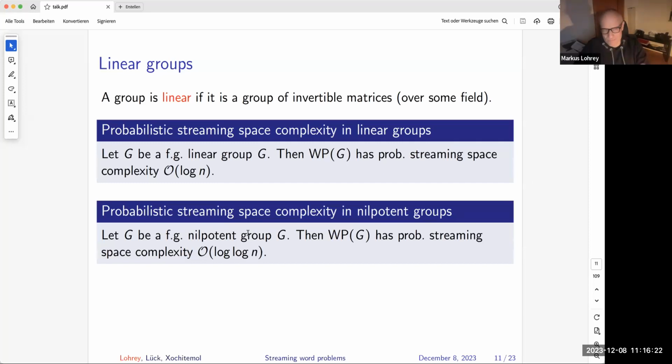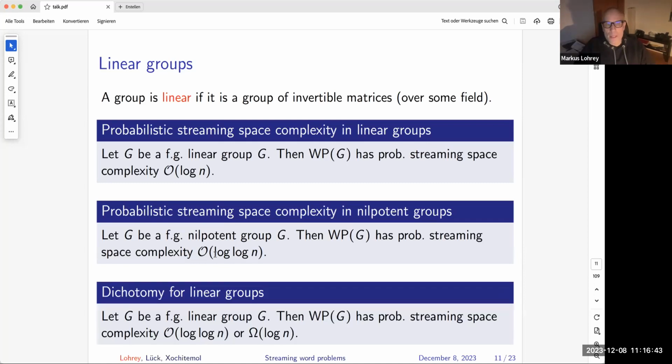And when you multiply those unitriangular matrices, you get only small numbers. Then it suffices to make all computation modulo a randomly guessed prime number having only log n many bits. That's very roughly the idea here.